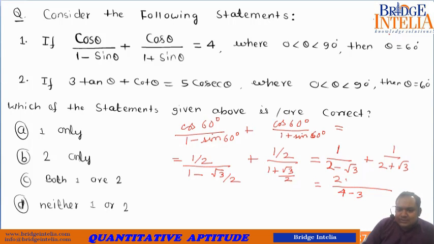So 2 plus root 3 plus 2 minus root 3, this root 3 gets cancelled. So this is actually equal to 4 upon 1. So 4, yes. So the first statement is correct for sure. We have just substituted theta equal to 60, and we saw that whatever they are claiming is indeed true.